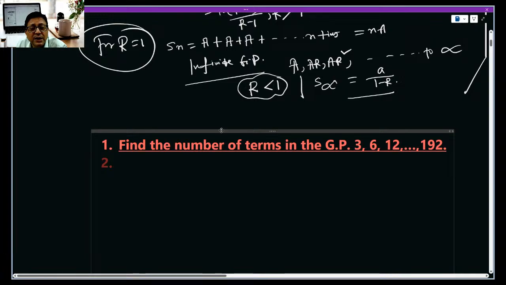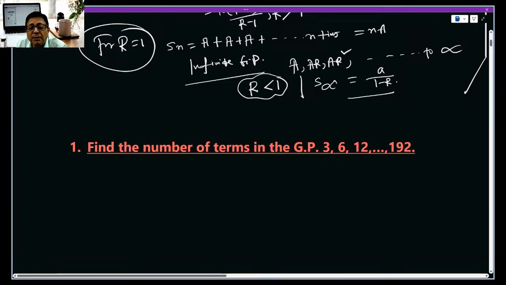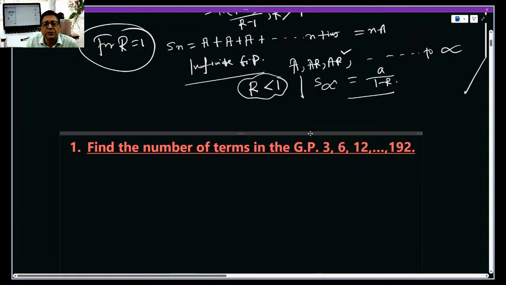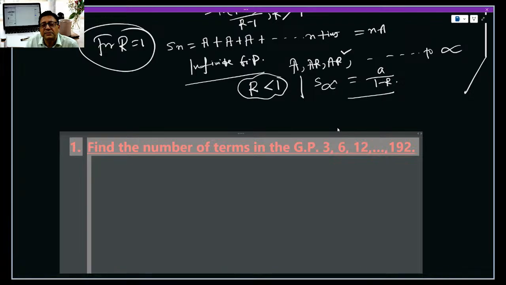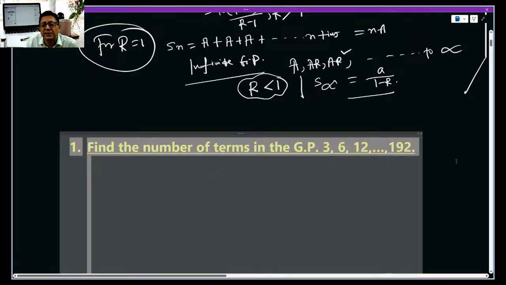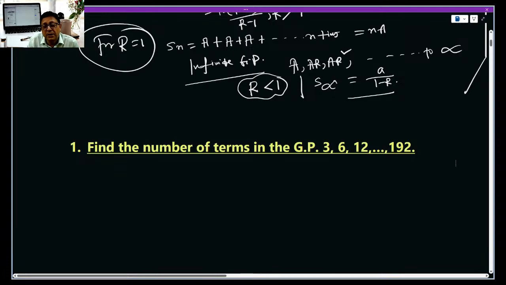Find the number of terms in the GP 3, 6, 12, ..., 192. How many terms are there in this GP? This we are going to find. How will you find it?